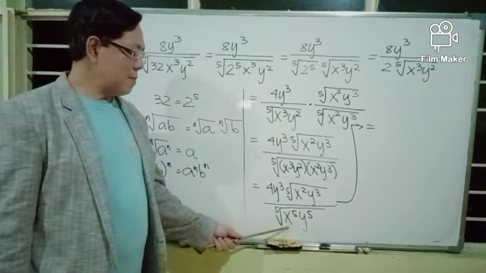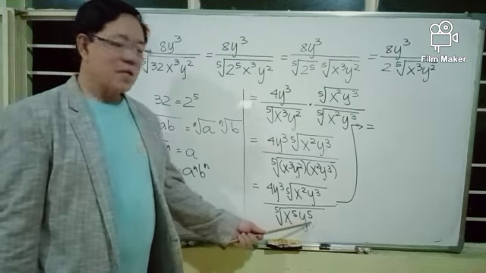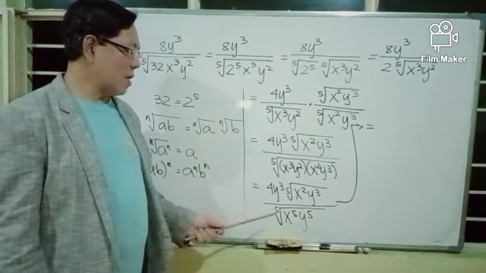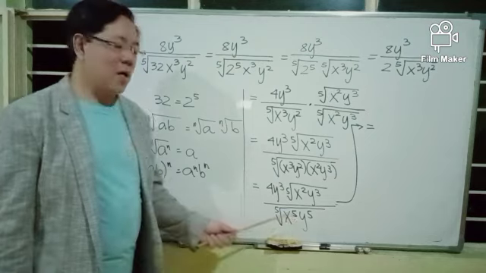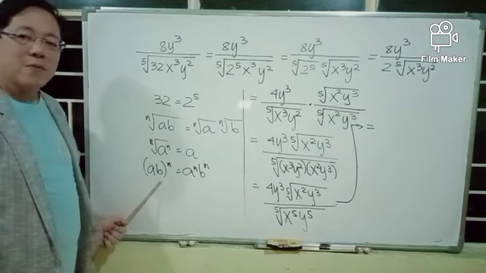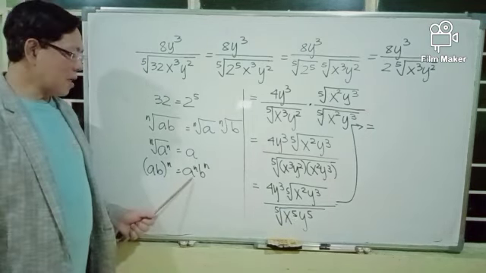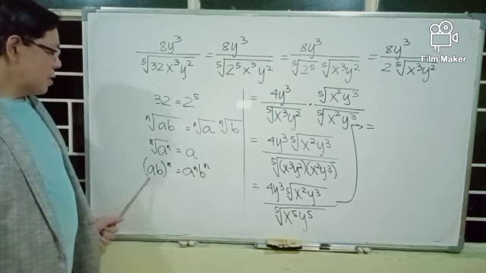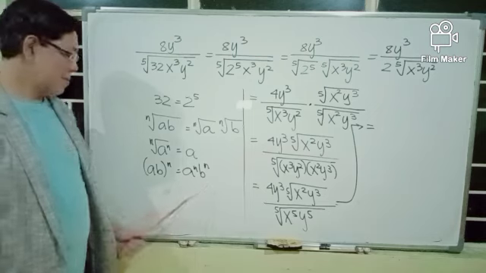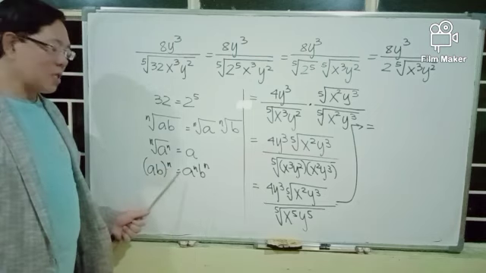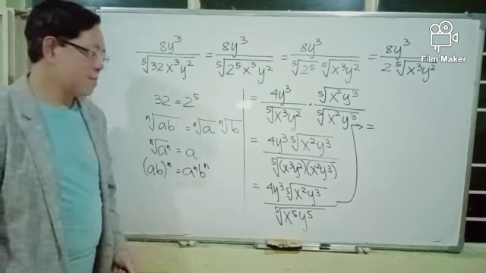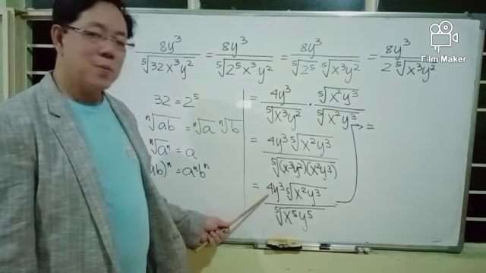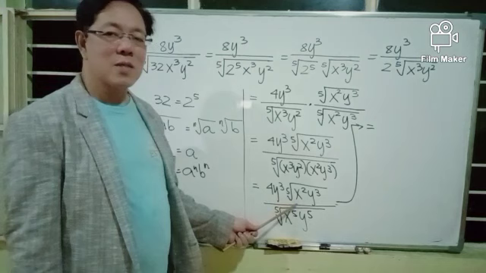We write x raised to 5, y raised to 5 as the product xy raised to the common exponent 5 by this property of exponent: a raised to n multiplied by b raised to n is equal to the product of the bases raised to the common exponent n. The numerator is the same, 4y cubed multiplied by fifth root of x squared y cubed.